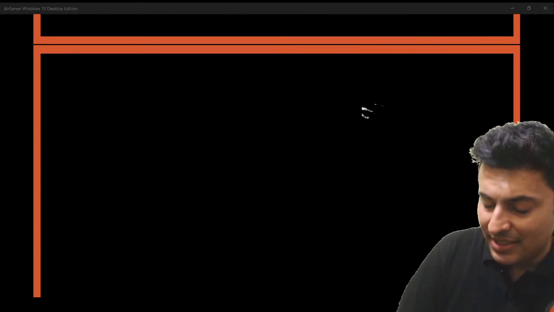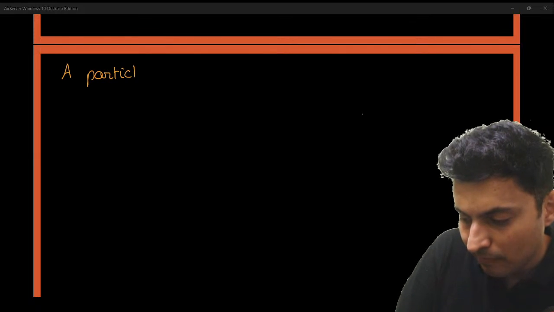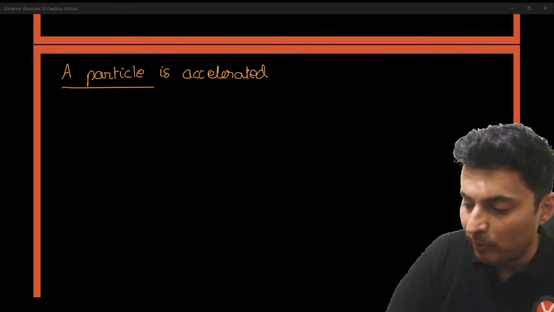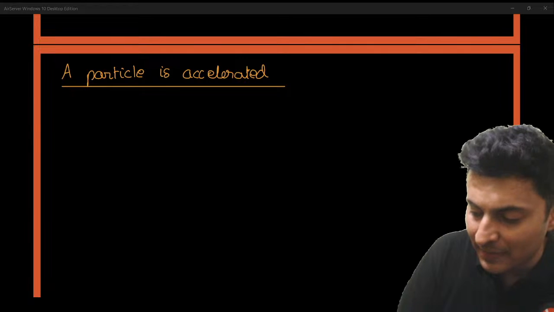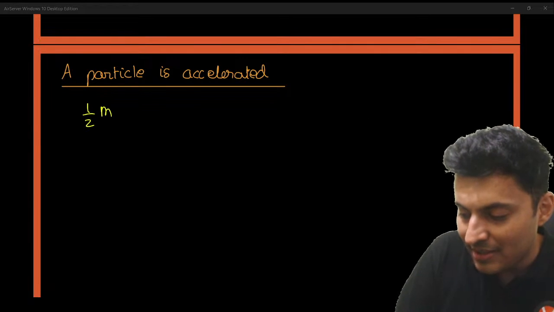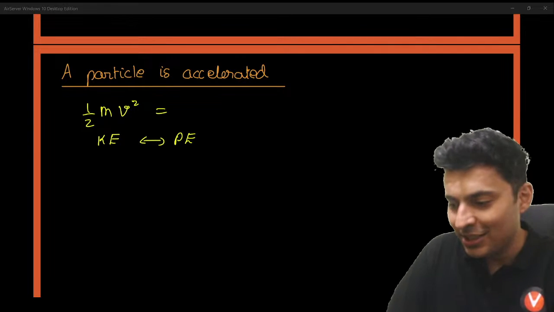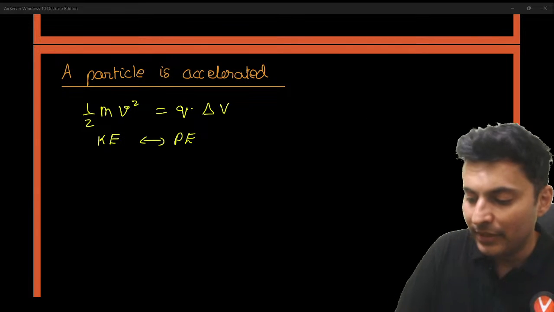You might also be asked that a particle is accelerated through some potential difference. In those cases, the formula used will be half mass into v square, which is your kinetic energy, and it will come from the potential energy due to the acceleration. So that means it will be the charge q into delta v.